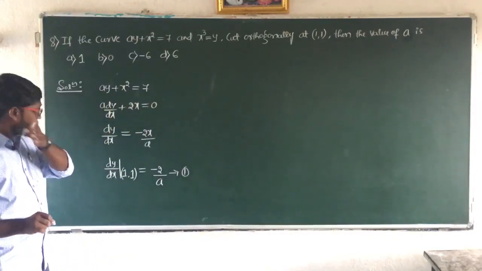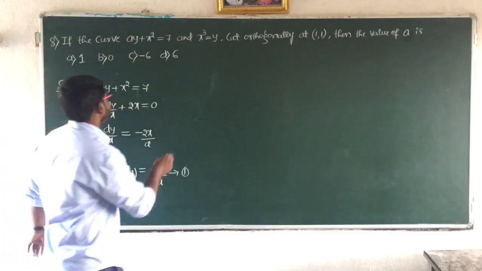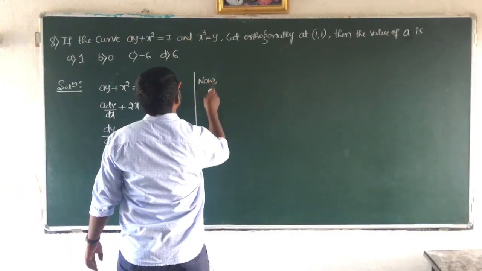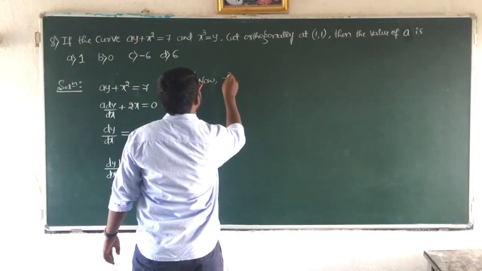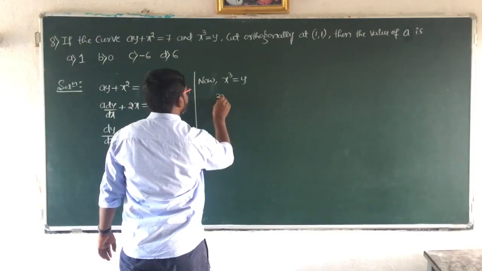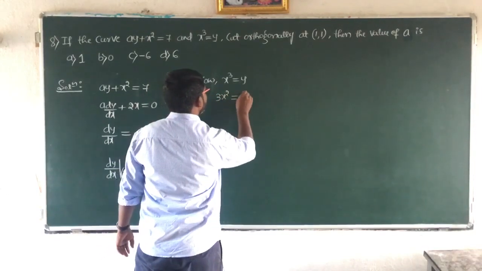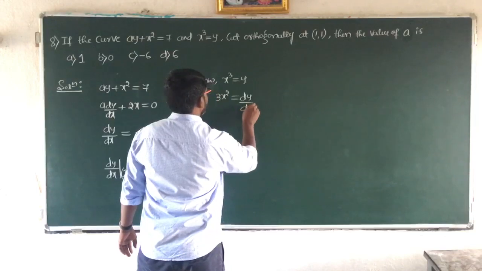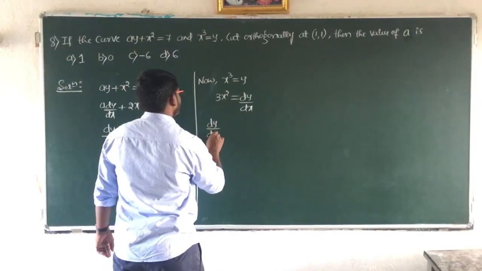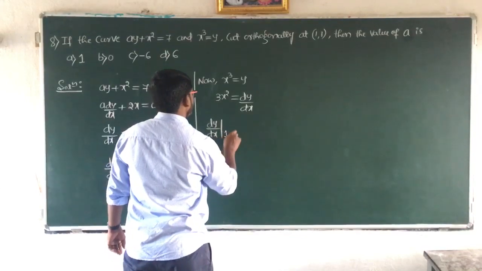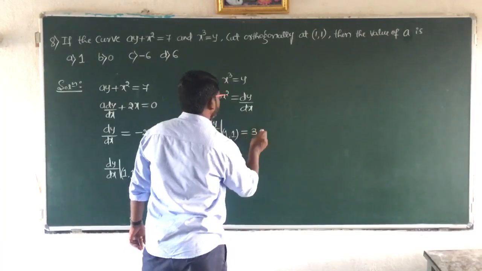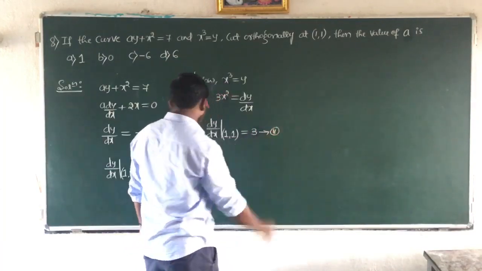Now let us take up the second equation and differentiate it. x cube is equal to y, differentiate both the sides. Now we get 3x square, which is equal to dy by dx. So dy by dx at 1 comma 1 is equal to 3. Call this equation number 2.